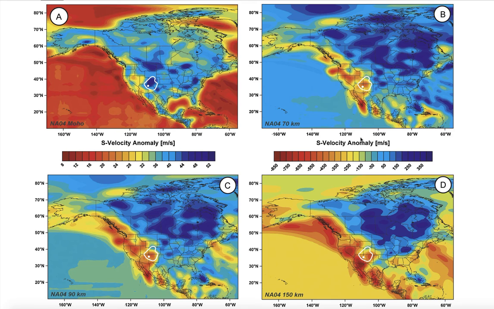You can get S-wave velocity anomalies for two reasons. If you have melt sheets there, then you will get negative S-wave velocity anomalies. Or if you have hydrated components there, then you will also get negative S-wave velocity anomalies.